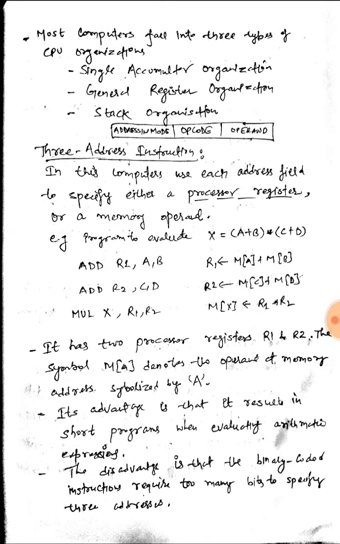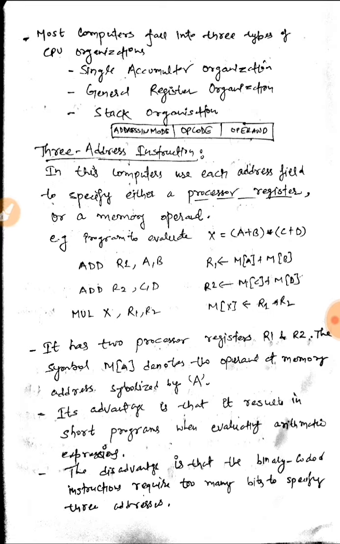Then R2 has M of C plus M of D, and R1 has M of A plus M of B. The values in registers R1 and R2 will be multiplied and moved to memory location X. So it has 2 processor registers, R1 and R2.